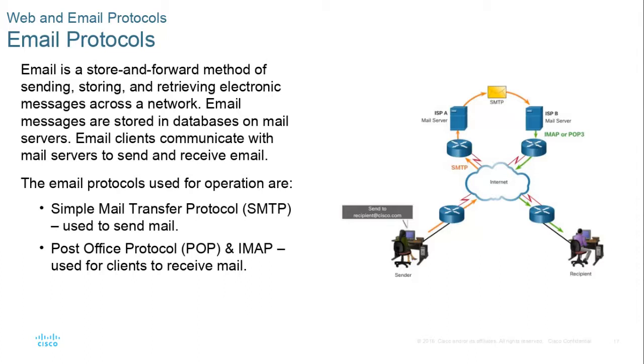Email uses three different protocols here. Simple Mail Transfer Protocol is used when you click on a traditional email client like Eudora or Microsoft Outlook, and you click the send button. It makes a connection with the email server, which receives your data and begins to relay it. When you pick up your mail with these typical, I'll call them legacy clients because most people don't use them anymore, you use Post Office Protocol or IMAP to pick up and receive your mail.